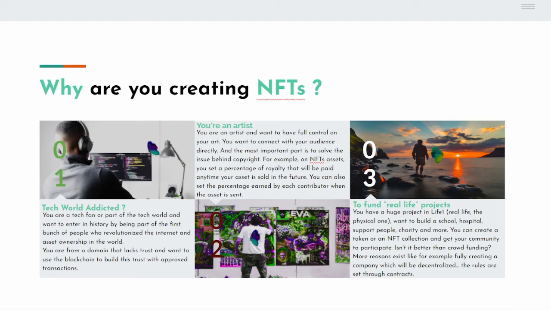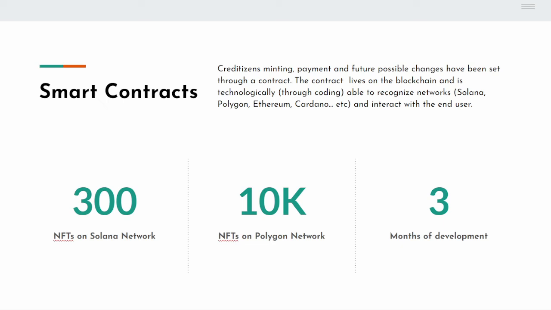More reasons exist, like for example, fully creating a company which will be decentralized, where the rules are set through contracts. At the moment, talking about the metaverse, a lot of companies are starting to have a front store in the metaverse.